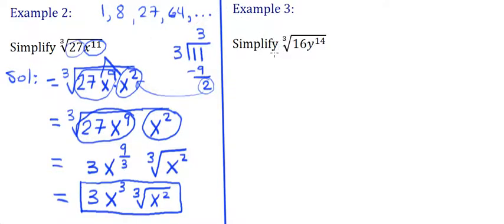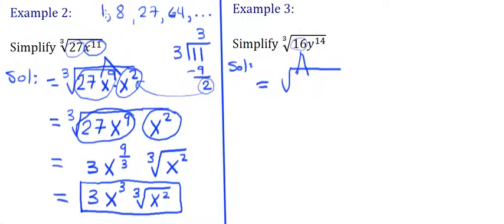Example number 3, simplify the cube root of 16 times y raised to the 14th power. This time, this number 16 is not a perfect cube, so we're going to simplify this by breaking the number 16 down or factoring it.